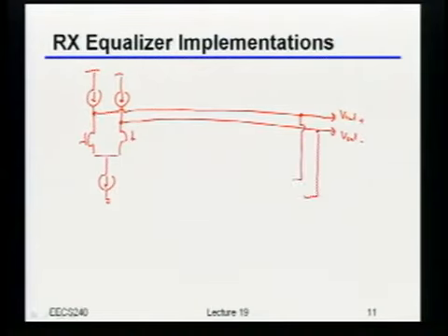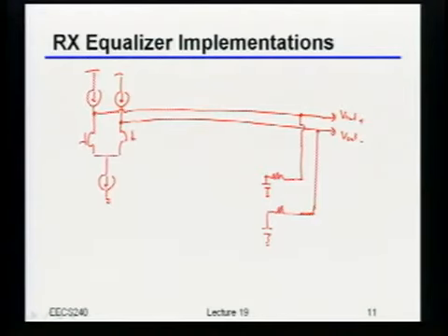Like we just said, RC circuits are great low-pass filters, so why don't I just take those two outputs and filter them through some RC circuit? Now I want to take those low-pass filtered versions of the output and feed them back.